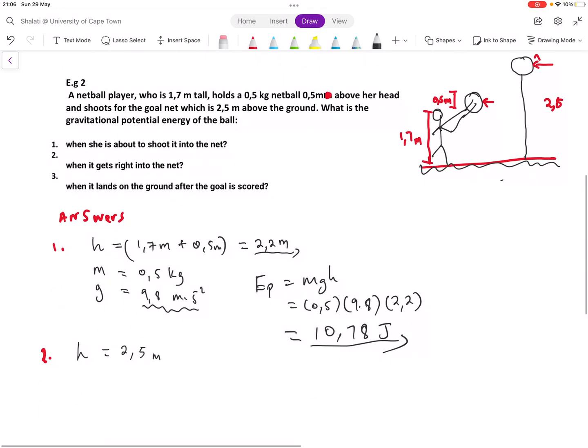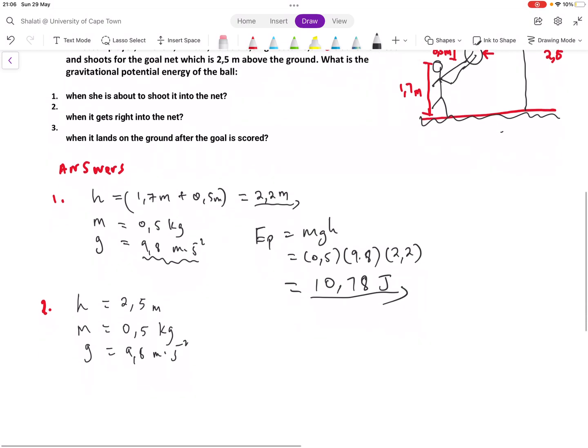Then the mass is still the same because we're still talking about the same ball, 0.5 kilograms. Gravitational acceleration is the same, 9.8 meters per second squared. Then I can calculate what I'm asked. EP equals mgh.